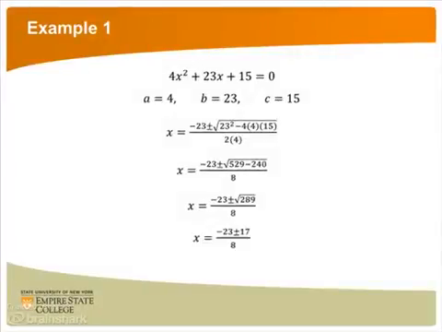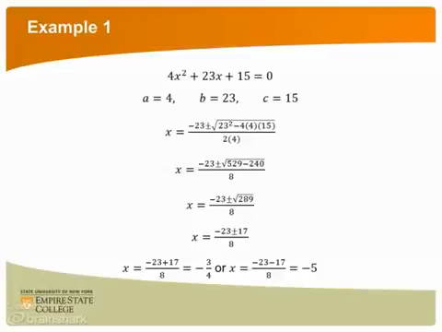Taking the square root leaves negative 23 plus or minus 17 over 8. Split the plus and minus possibilities. Negative 23 plus 17 equals negative 6. Divided by 8 simplifies to negative 3/4. Negative 23 minus 17 is negative 40. Divided by 8 is negative 5.